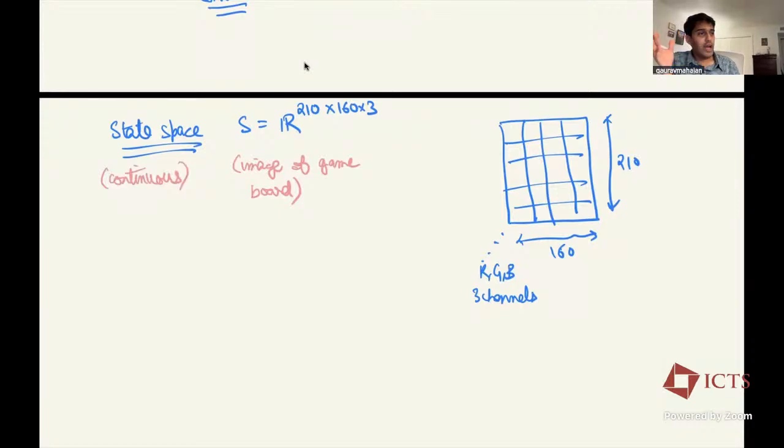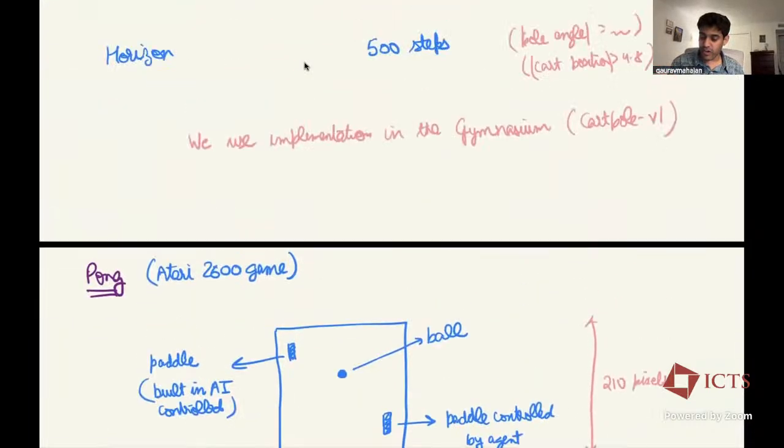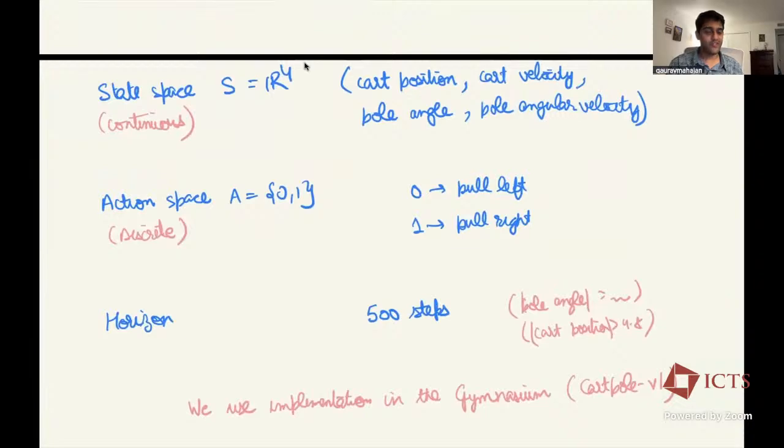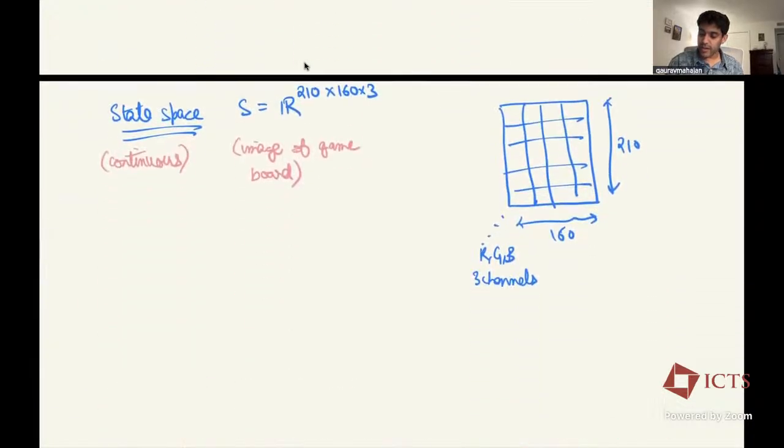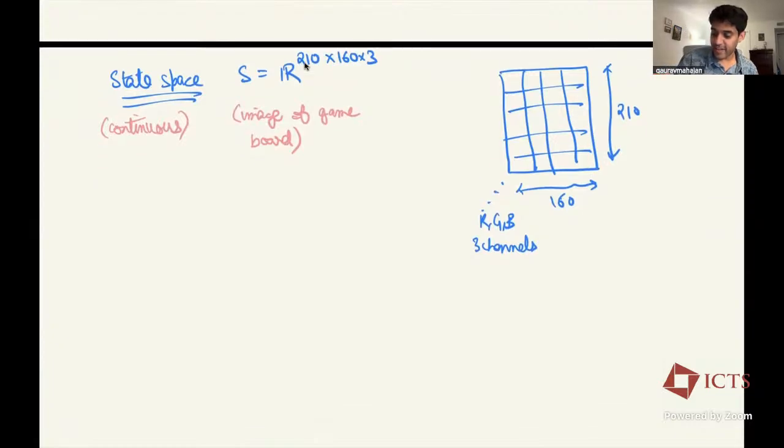This seems already so hard. The state space before was R to a 4-dimensional space, and now it's a much, much bigger state space. Even if it was linear, it would take much, much longer.